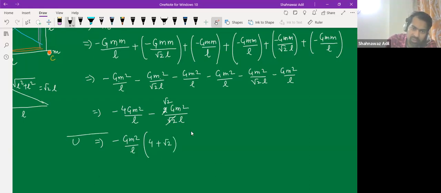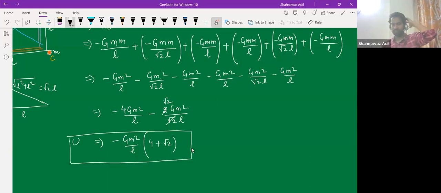This is the total potential energy. Is that clear, everyone?